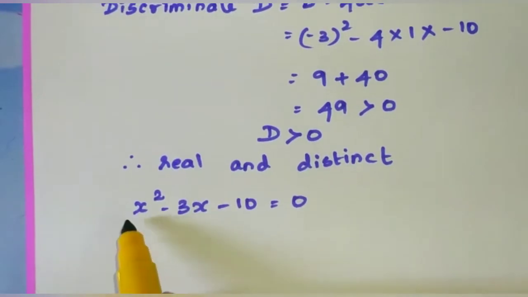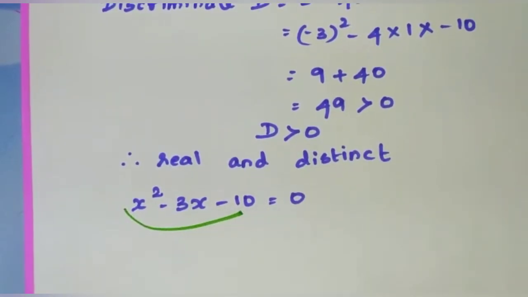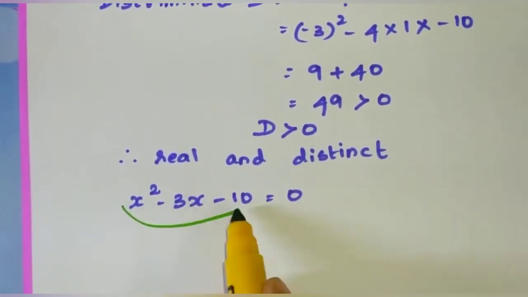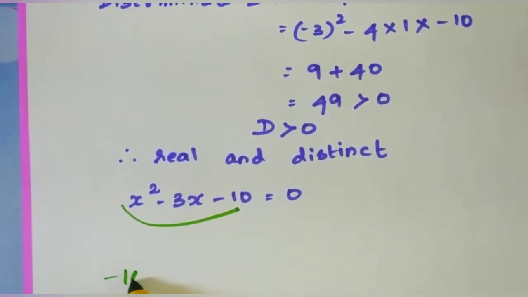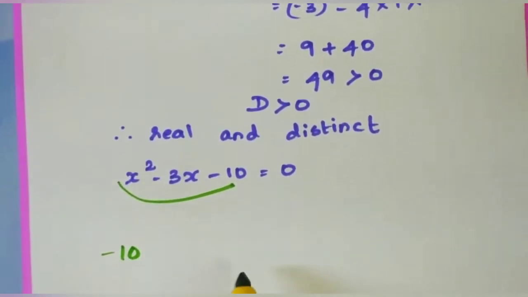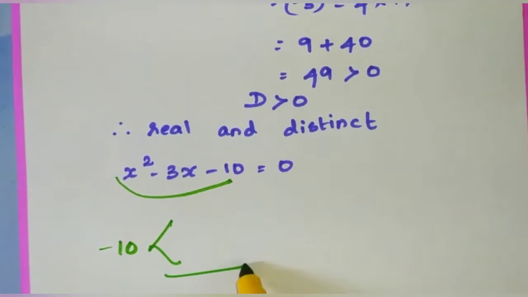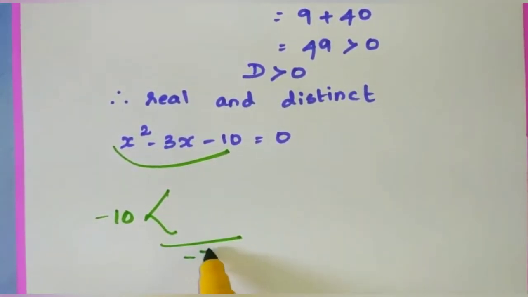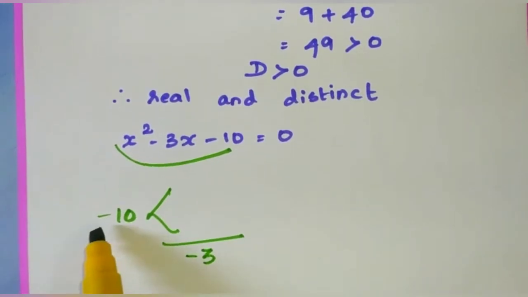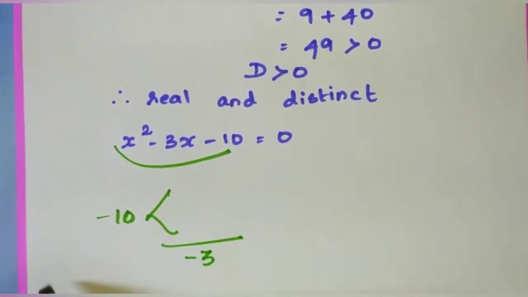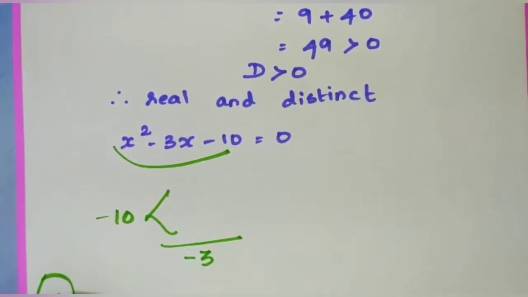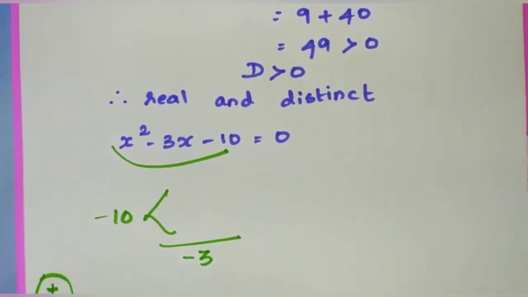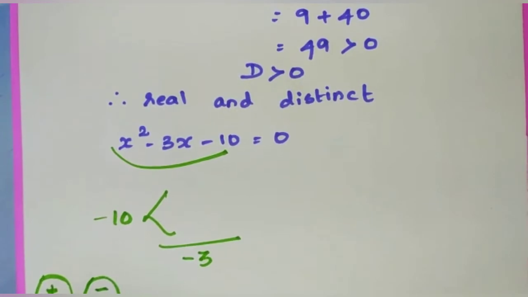First, we have to multiply the first and the last term. 1 into minus 10 is minus 10. And then crocodile mouth. Then minus 3 here. If we have a negative sign here, we will have two options: one must be positive and one must be negative, or one must be negative and one must be positive.